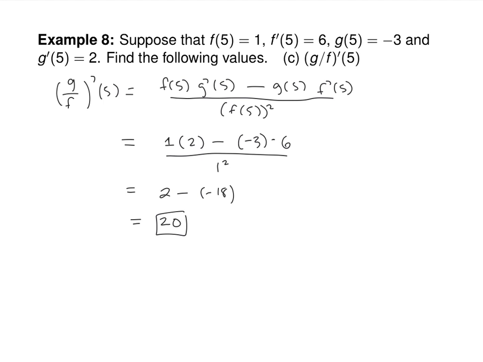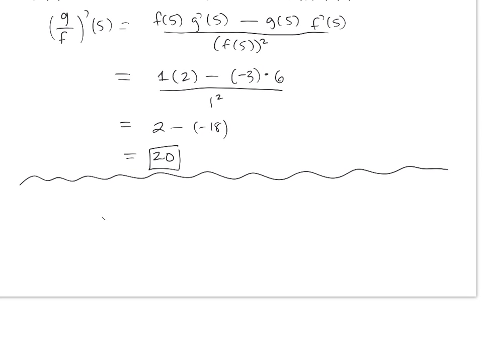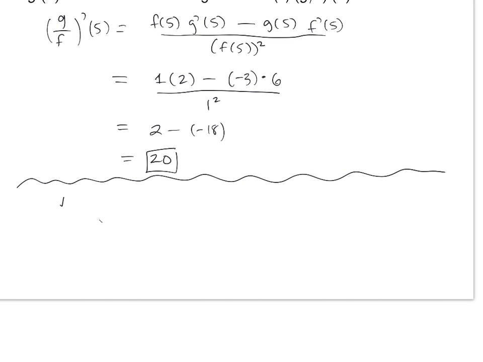Before we go to the next page, I want to add in one small thing because it often confuses students. When students see the product rule, they think that they have to use the product rule for constants. So what is the derivative of a constant times a function? Constant times the derivative.